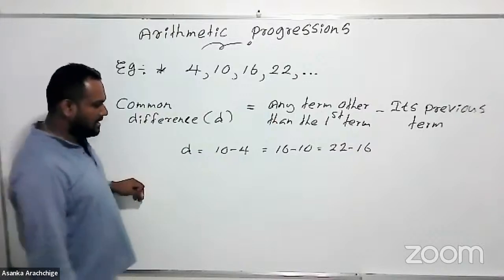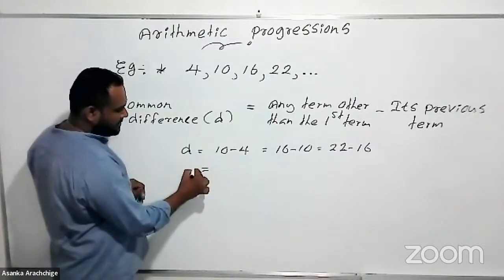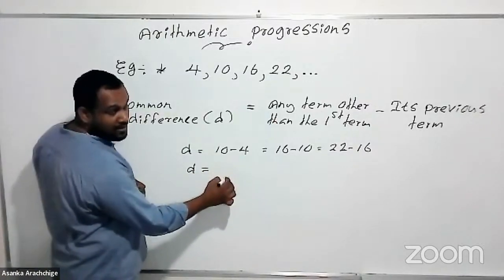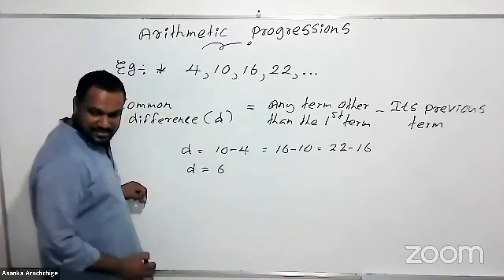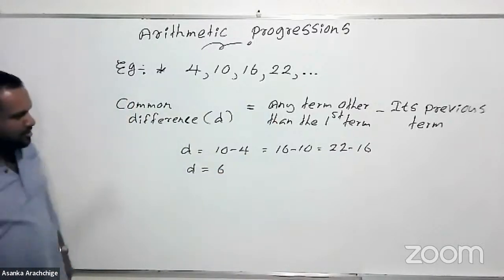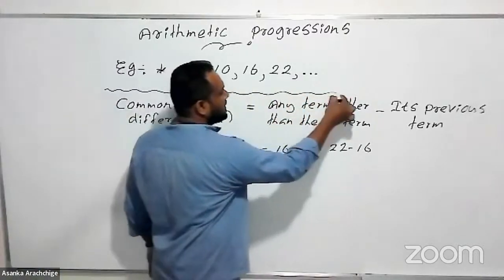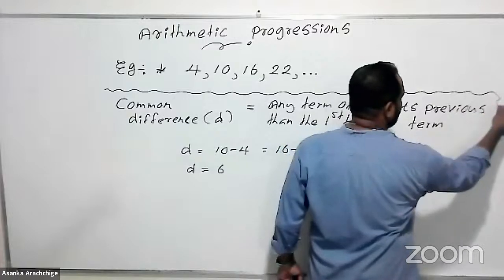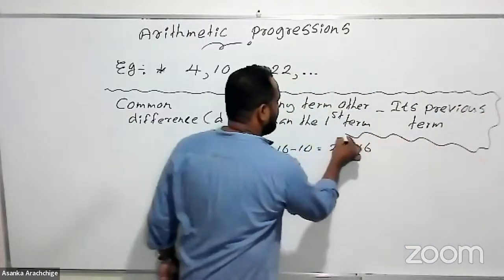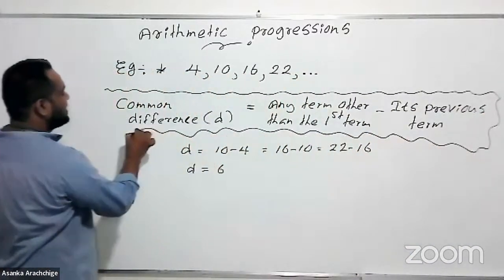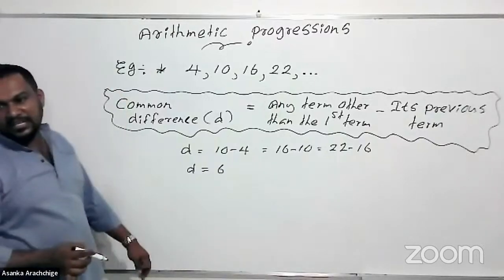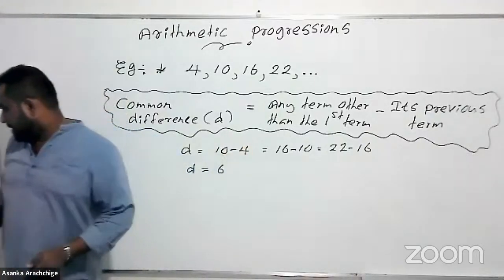Whatever the pair you select, the difference is always the same. What is that? 6. Understood? So, this is the method of obtaining the common difference of an arithmetic progression. Clear? Copy it down.